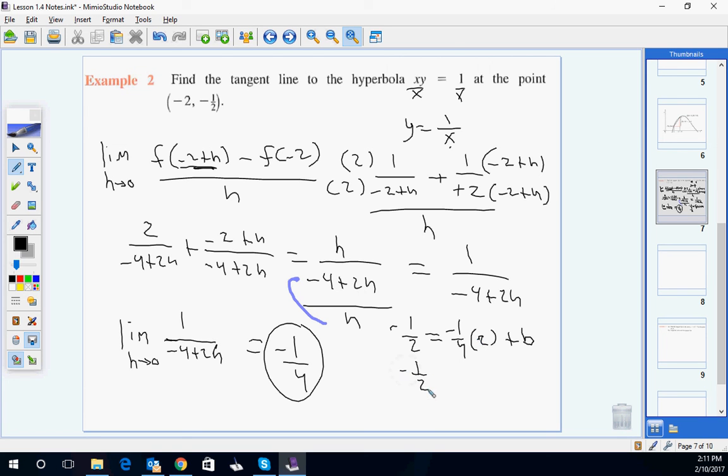So -1/2 equals +1/2 plus b. Sorry, you can't see that negative right there, but that 2 has a negative on it.